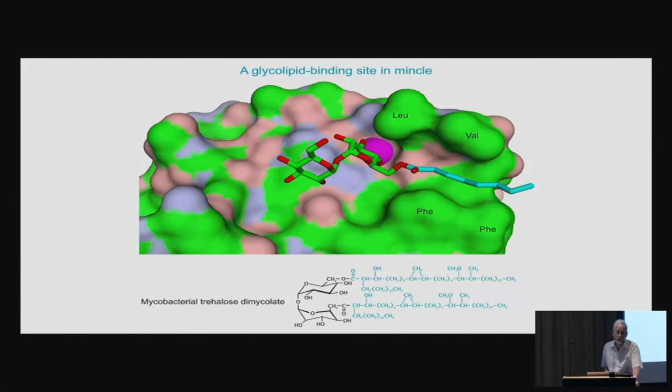The trehalose has two glucose residues. The glucose can bind in the primary binding site with a bit of a secondary binding site for the second glucose, but this is normally attached to this glycolipid structure, and the binding site is actually extended to allow interaction with the non-sugar part of the ligand.